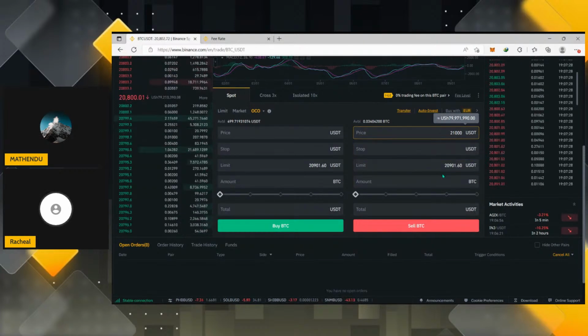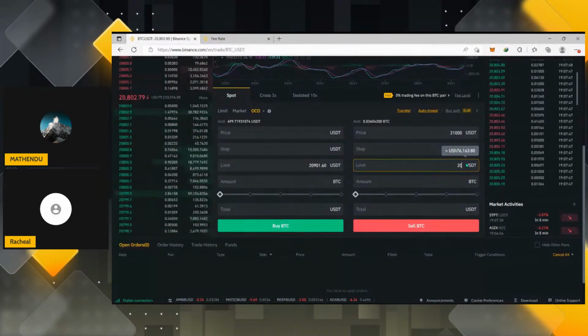And then the stop limit, I can put slightly lower, maybe 20,900. Then I put this one slightly lower than my stop price to stop loss, say 20,890, and then I put an amount.